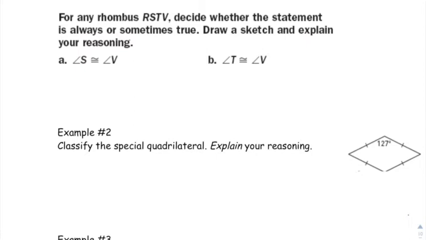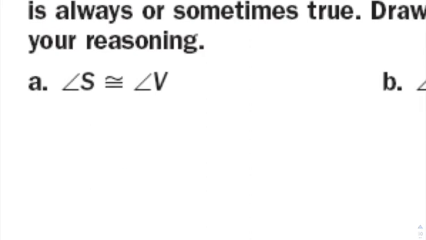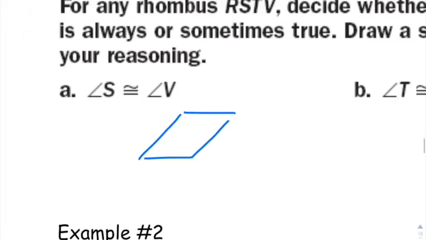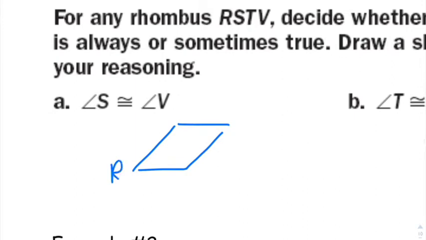So for any rhombus RSTV, decide whether the statement is always or sometimes true. Draw a sketch. So I'm just going to draw a sketch of what this rhombus might look like, and then we'll debate whether it'll be true or not. Pay attention to the order you have to go, either clockwise or counterclockwise.